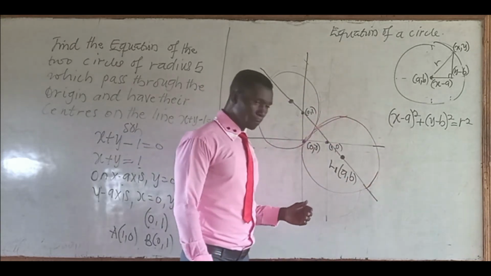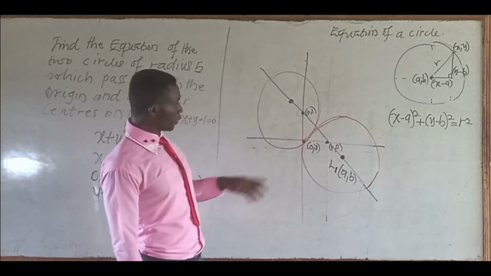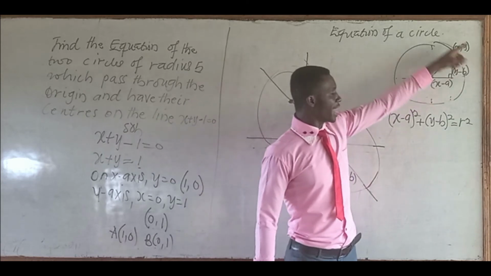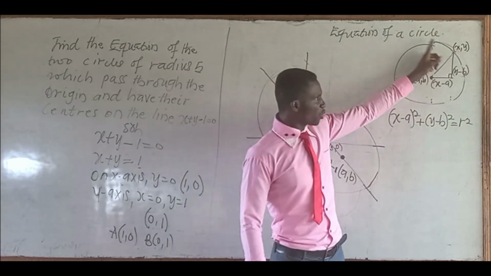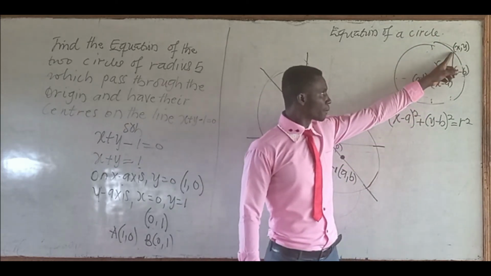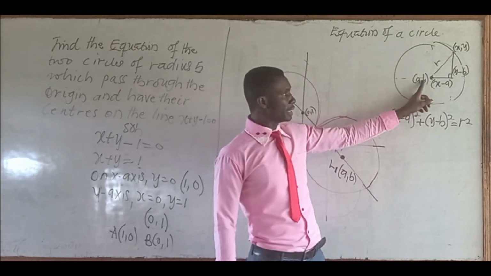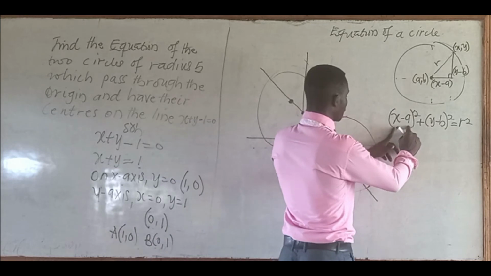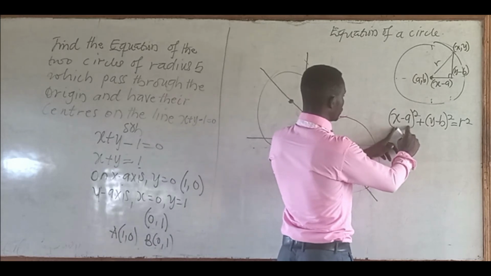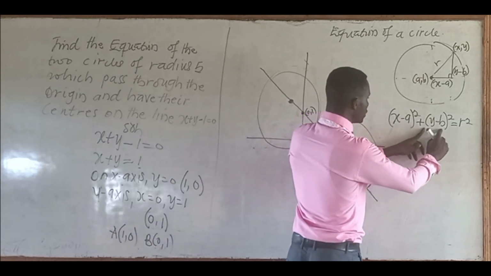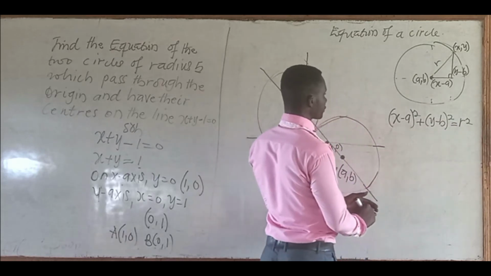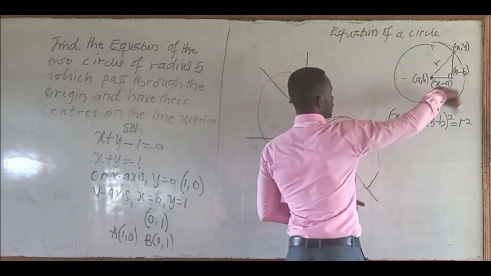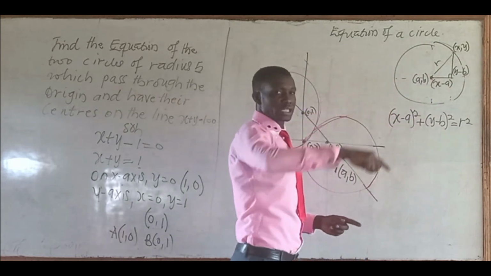Now, what is more important here is that if you look at x, y lies on the circle and a, b is the center, in that case it becomes x minus a squared plus y minus b squared is equal to r squared, where x and y are points lying on the circle, a variable point.